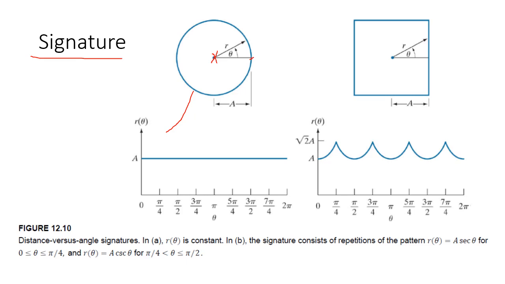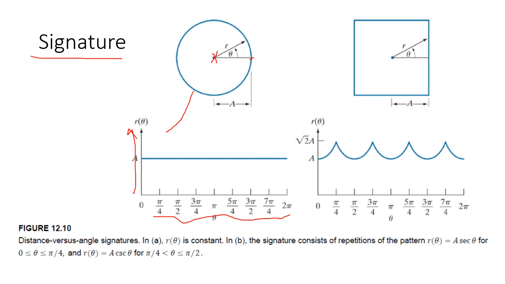So our plot is against the angle, this is the angle theta, and the vertical axis represents the distance from the center to the boundary.